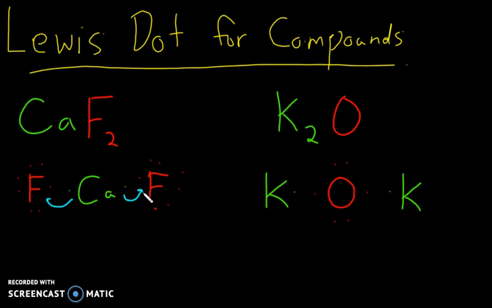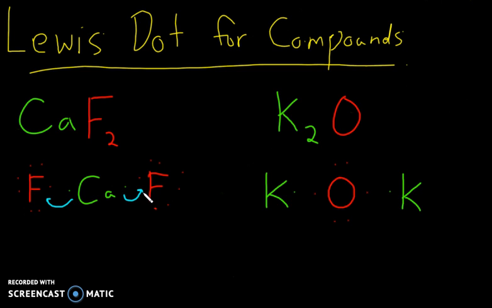That way it loses both those electrons and it's happy. And those fluorines have 7 valence electrons. They want to gain 1 more to get to 8. So by taking 1 each from the calcium, they're going to reach that set of 8 and they're going to be happy.